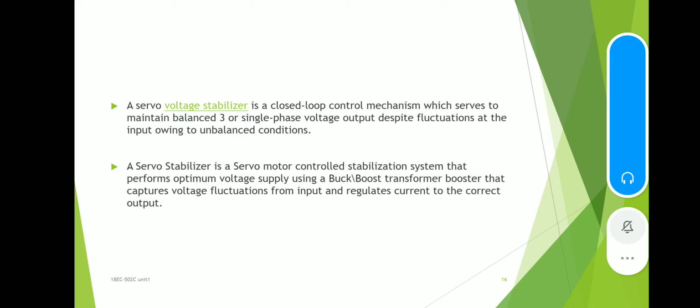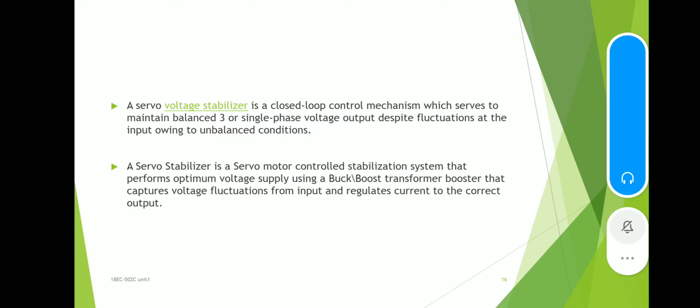This transformer captures voltage fluctuations from the input, whatever the fluctuations are, it reads those values and regulates the current to the correct output. This is the function of the servo stabilizer.